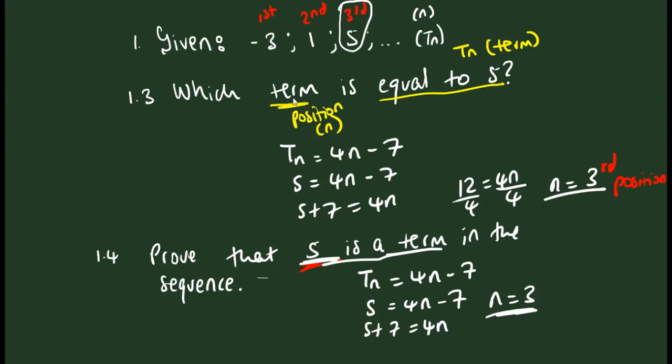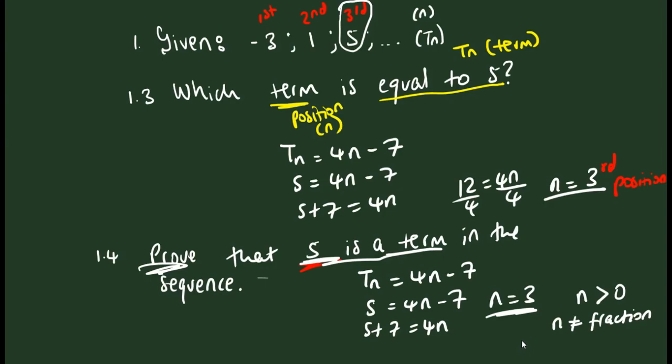But hold on, is this question and this one the same thing? No. This one says prove that 5 is a term in that sequence. Well, since you gave me 5, I found that 5 is in the third position, and since the value of n is greater than 0, and since the value of n is not a fraction, meaning the value of n is not between 0 and 1, because all values of n that are between 0 and 1 are going to give a proper fraction.